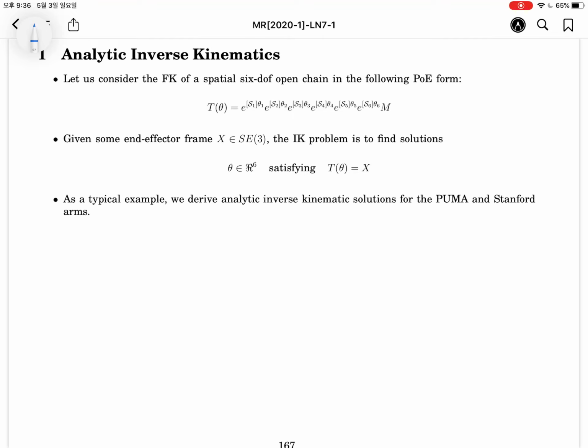Analytic inverse kinematics is very intuitive for solving the angular values from the end effector Cartesian position. In many cases, we use the Jacobian at the level of velocity. In that case, the mapping between joint space and task space is linear, but in the analytic position or configuration case, the mapping is non-linear.